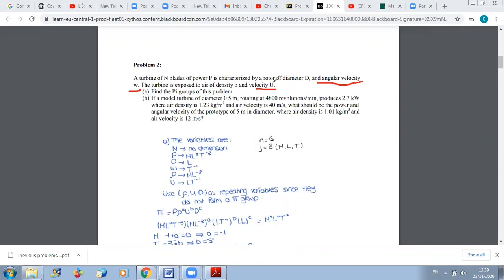Exactly, it's not given. Because they didn't give it to you in the list of variables, you do not include it. But sometimes if they just tell you we have a flow in the problem and they didn't mention what variables to take, you should take rho, U, and mu.